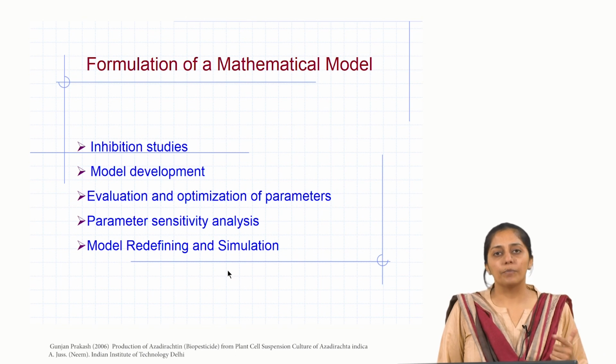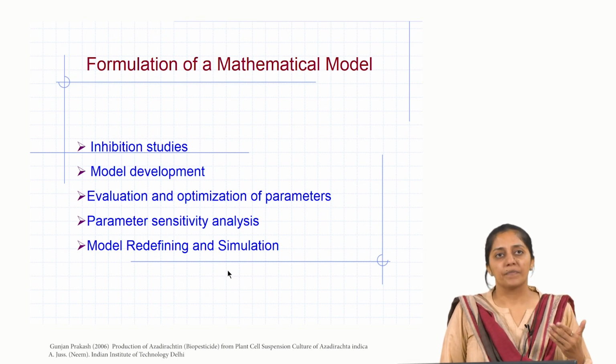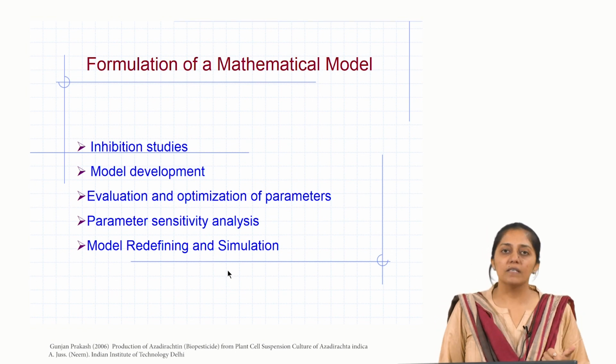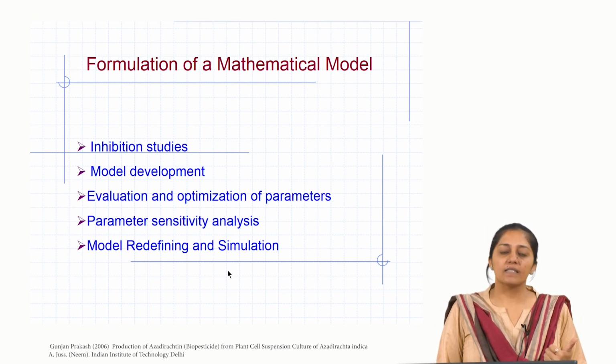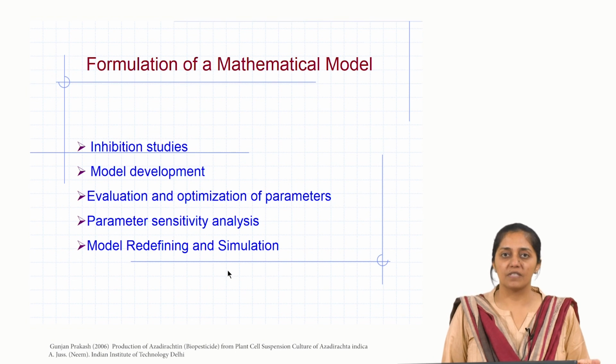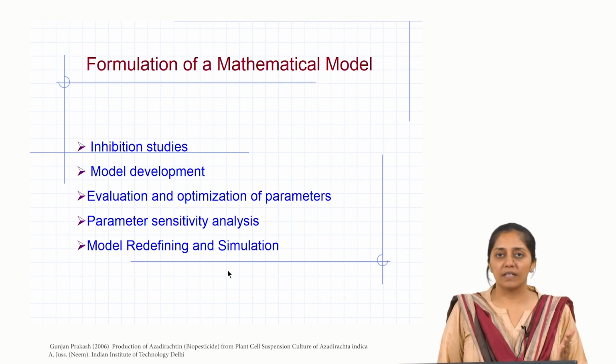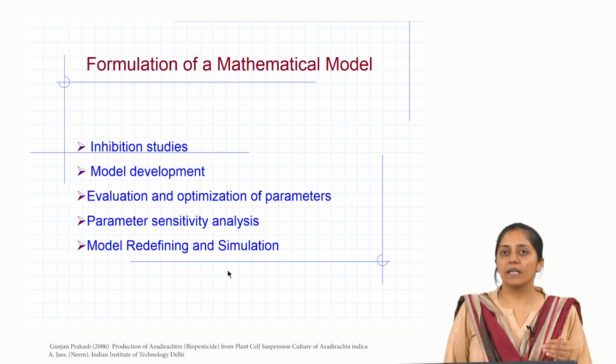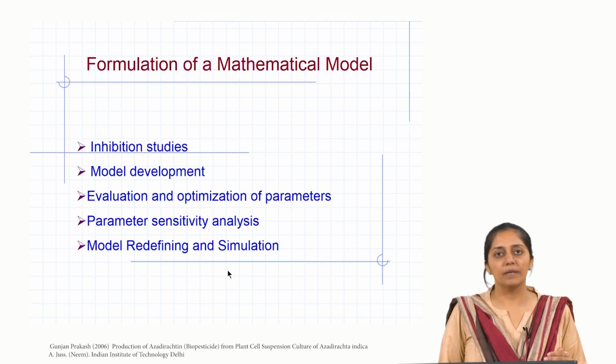Now, when they formulated the mathematical model, the following points were kept in mind. One is that they did a separate substrate inhibition study with respect to the critical substrates in the medium, to see if beyond a certain concentration the substrates were inhibiting the growth rate of the culture.